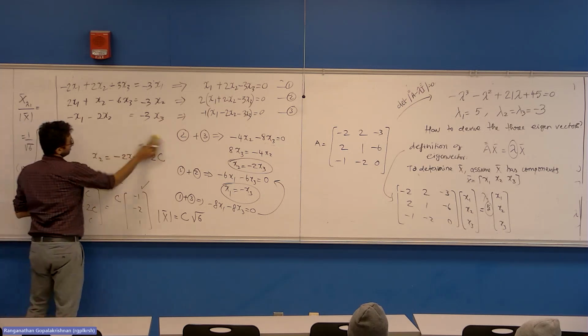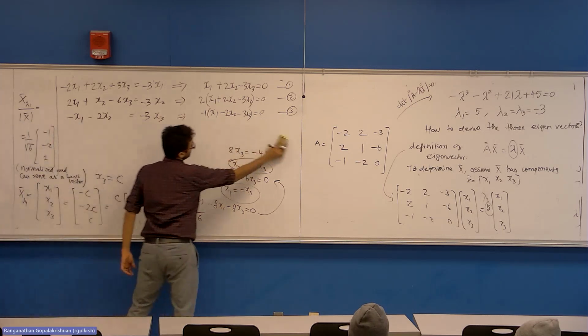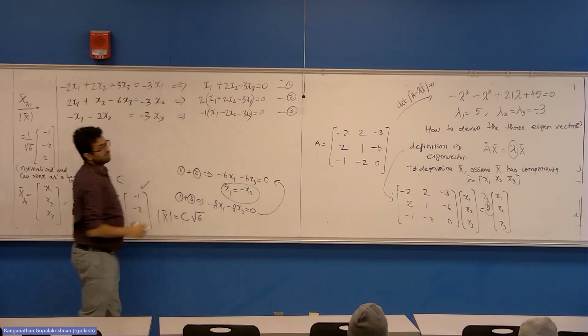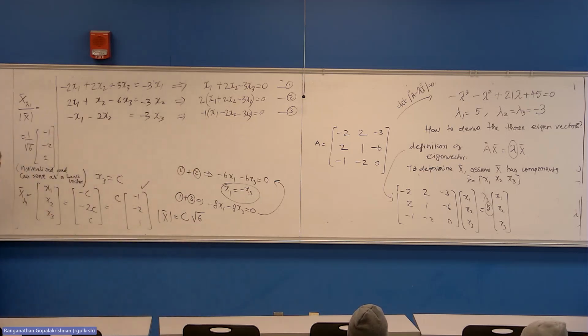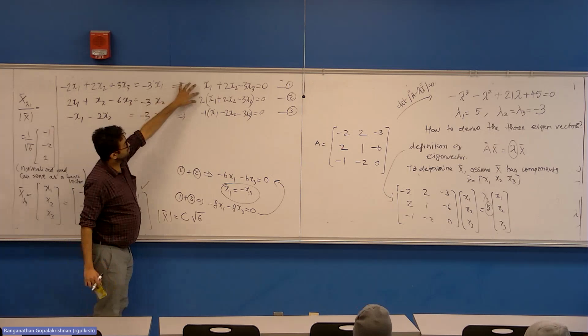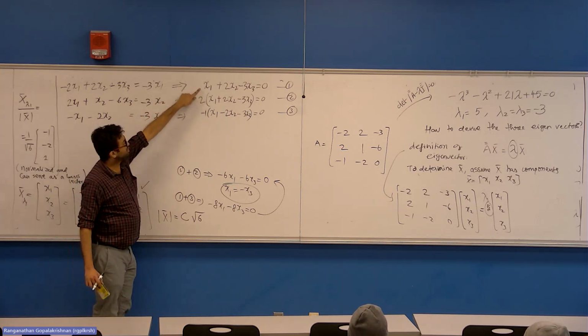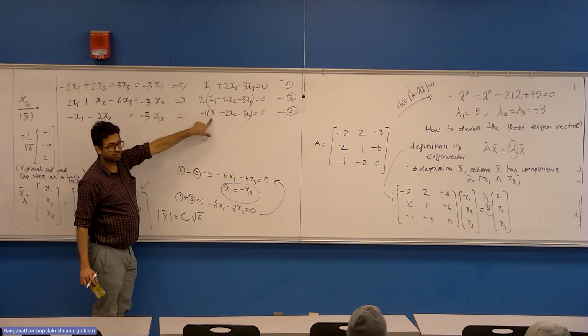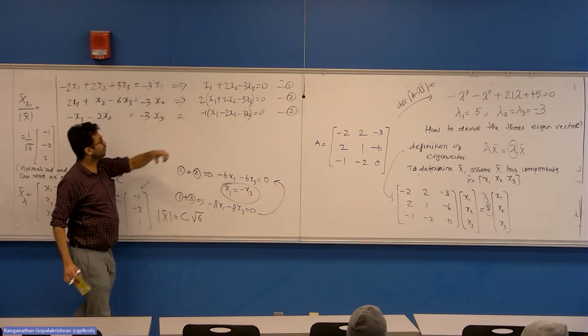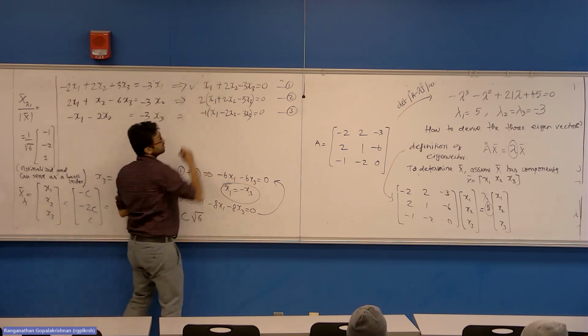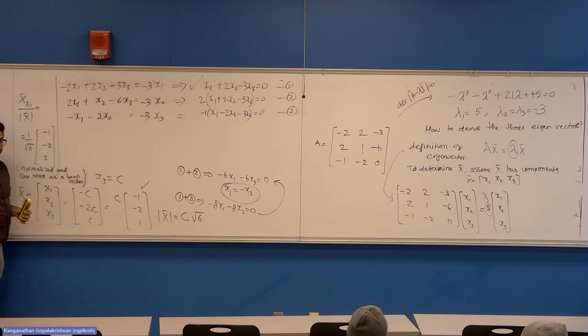So if you look up, what are we getting here? If you look at the three equations, it's really just one equation. The first equation multiplied by 2 gives the second equation. The first equation multiplied by minus 1 gives you the third equation. So you have only one distinct relationship between the three quantities.